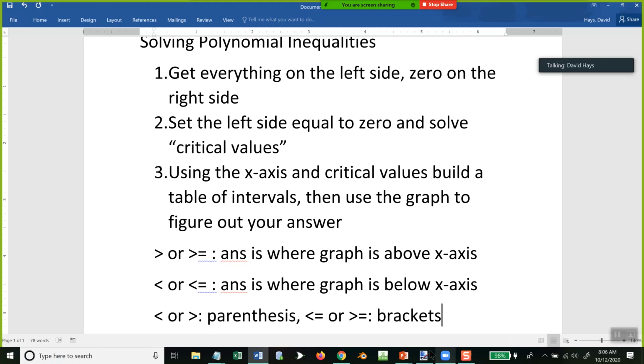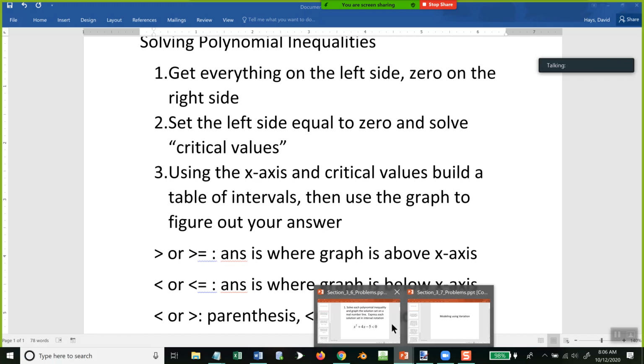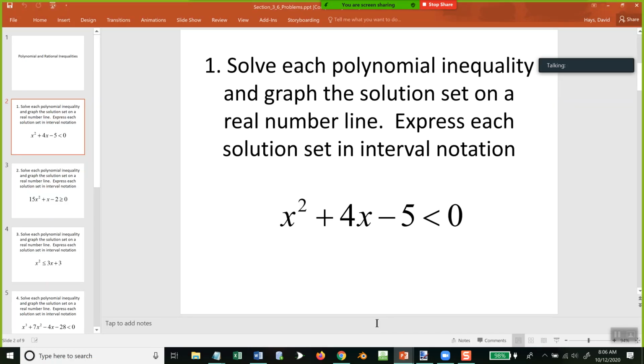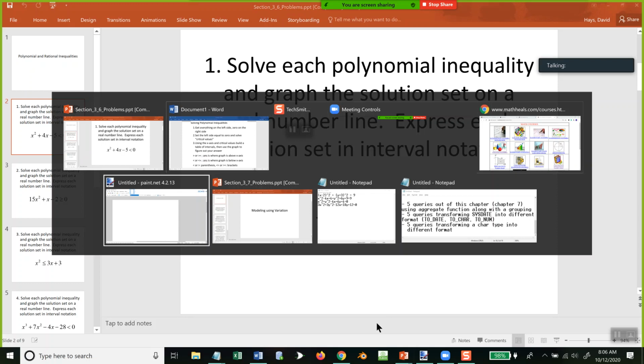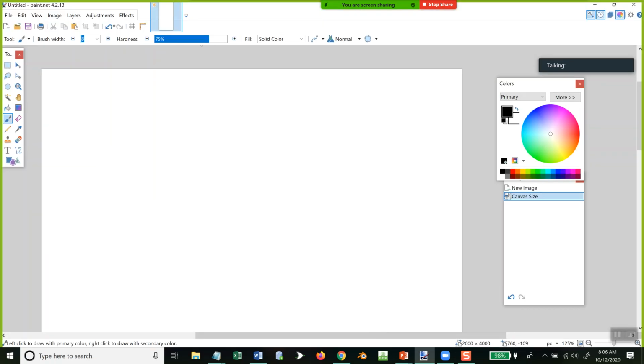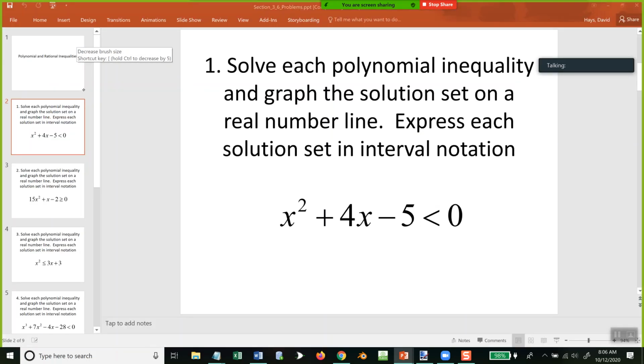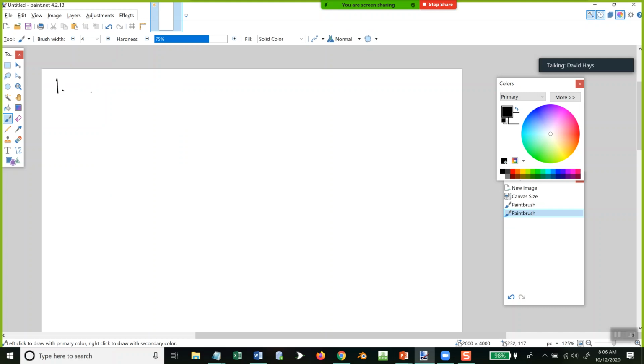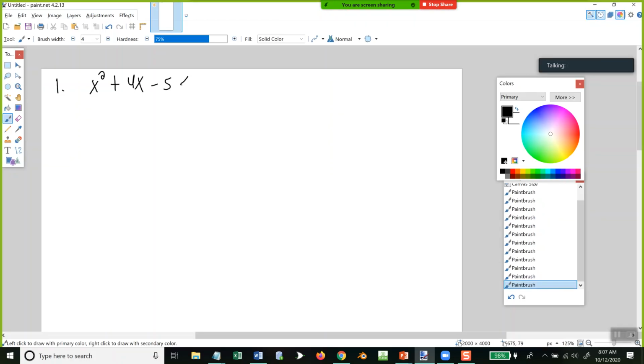So let's take a look at our first problem. X squared plus 4x minus 5 is less than 0.